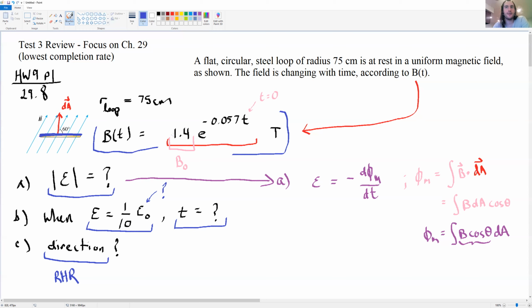So we would say that the magnetic field is constant on the surface. It may not be constant in time, but it's the same everywhere on the surface. So we can pull that quantity outside of the integration. I'll try and keep the color purple here. So B cosine theta, integral dA.